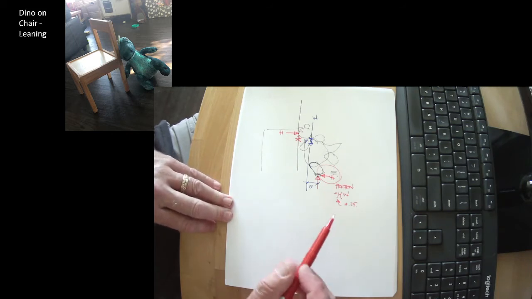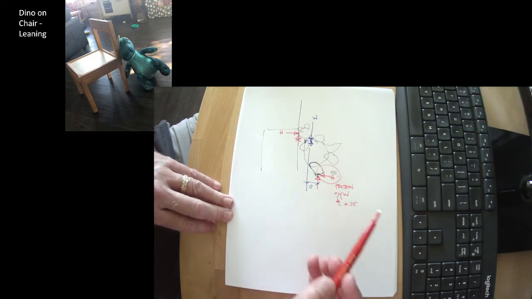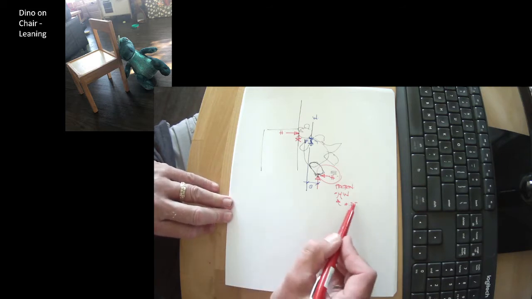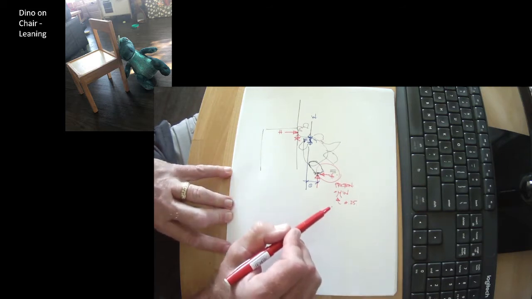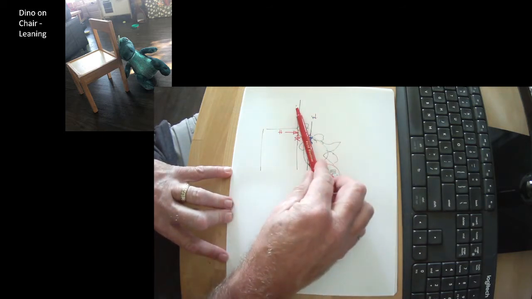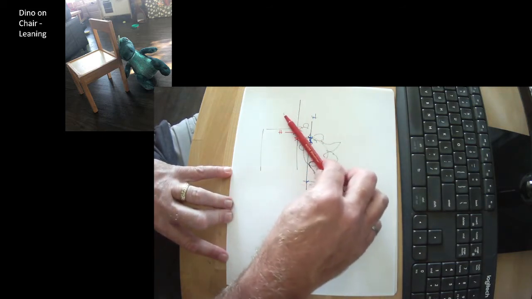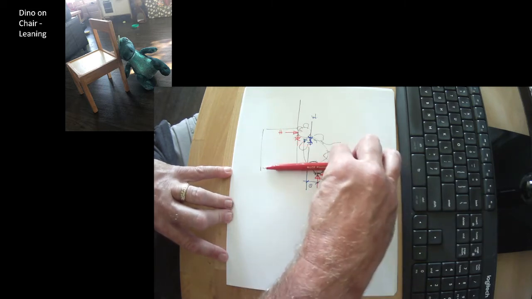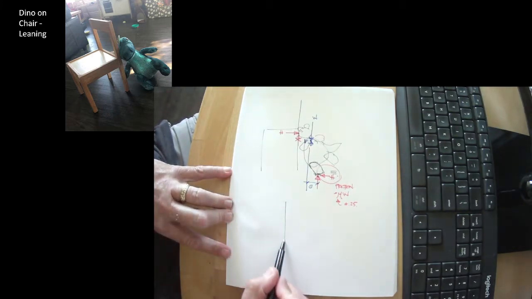Well, no, I guess it could be sticky. It could be more than 1. It could be as low as 1%. But if we say it's 0.25, that limits this angle. And we know that if he gets too far down, his feet are going to slip out. Another very real world situation here.